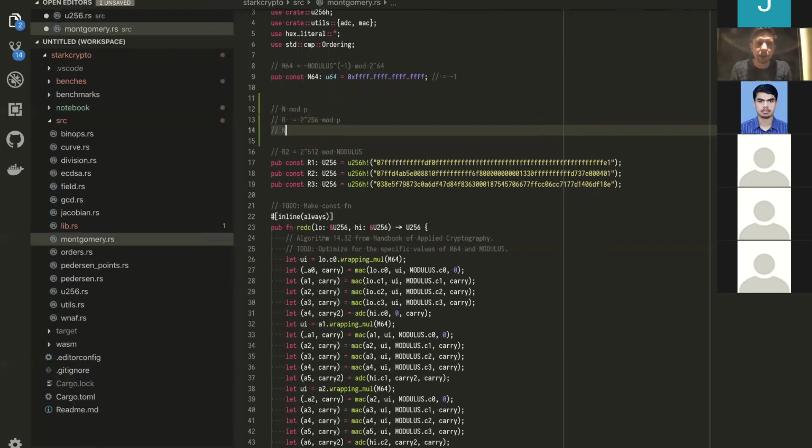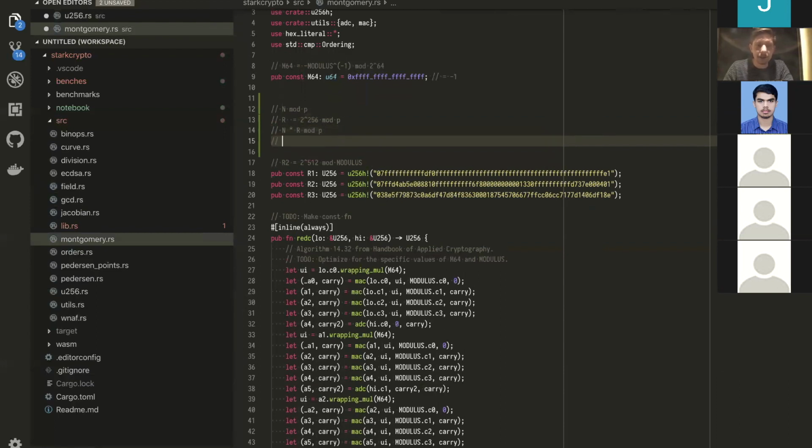And instead of working with your numbers directly, you would work with n times r mod p. For addition, this doesn't change anything because if I multiply both a and b by r, it just moves out of there.